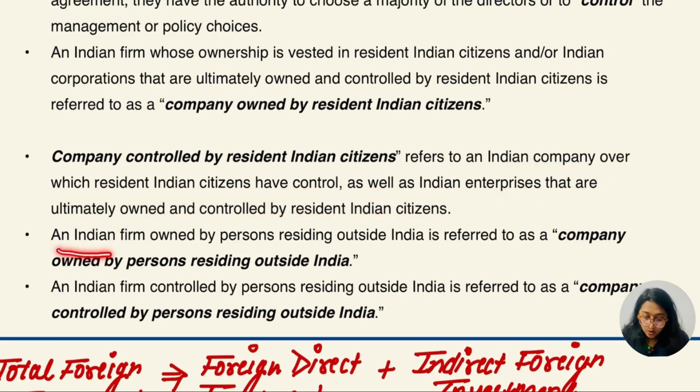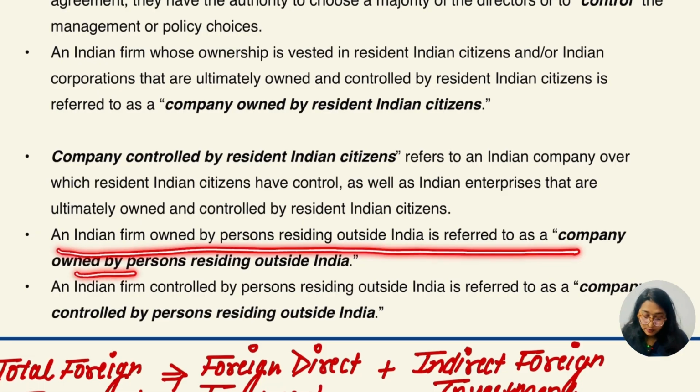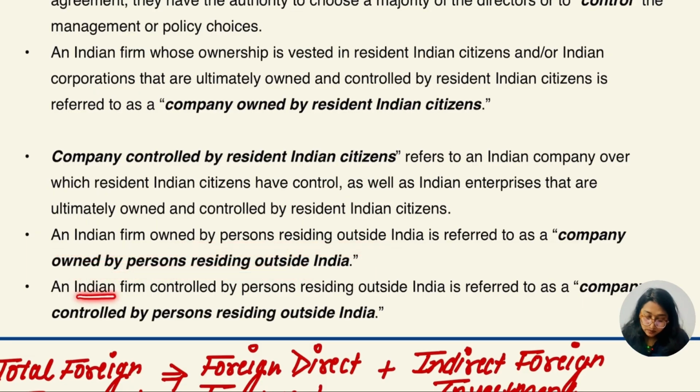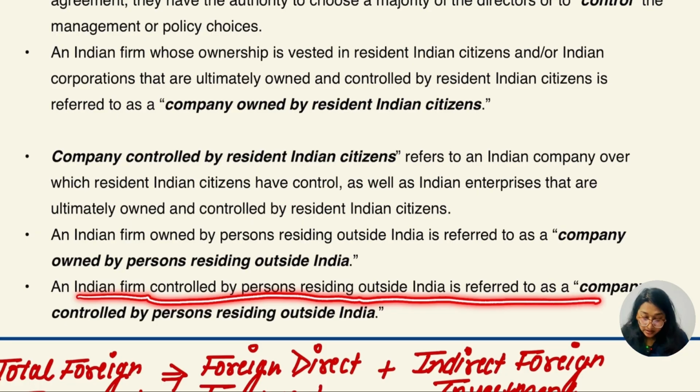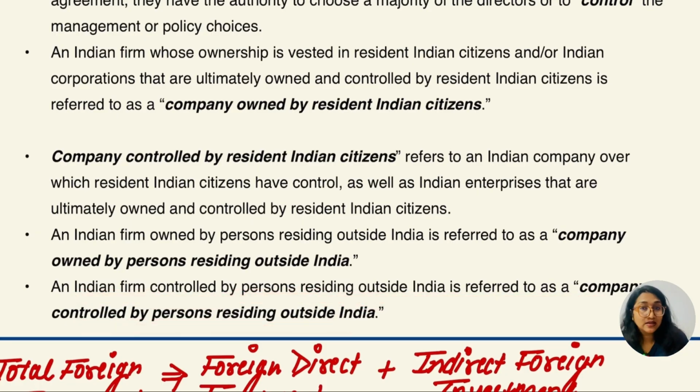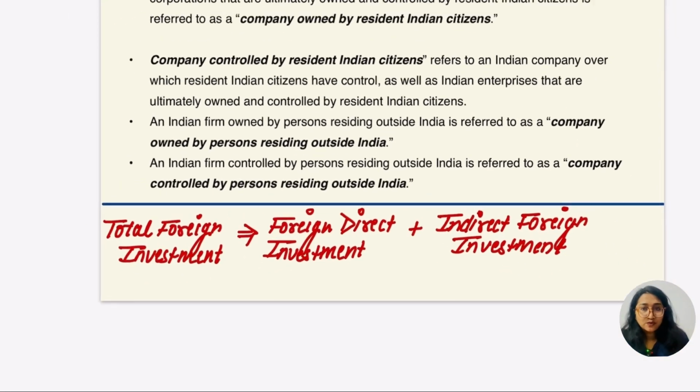An Indian firm owned by a person resident outside India is referred to as a company owned by a person residing outside India. An Indian firm controlled by a person residing outside India is referred to as a company controlled by a person resident outside India. Okay, so hope this part was clear.